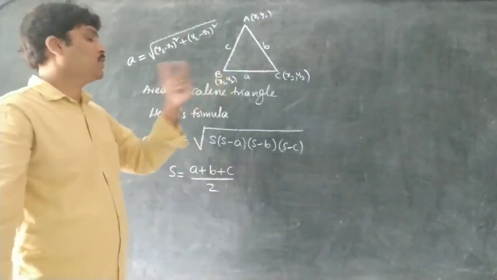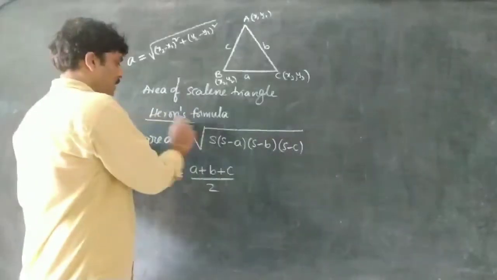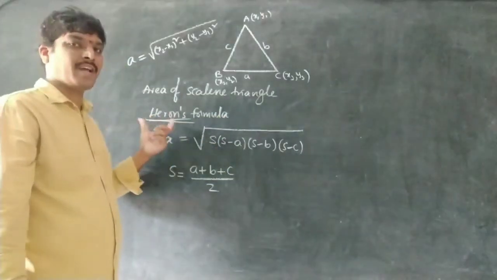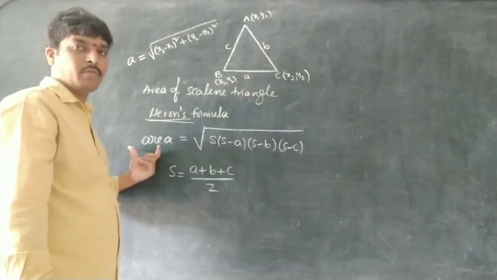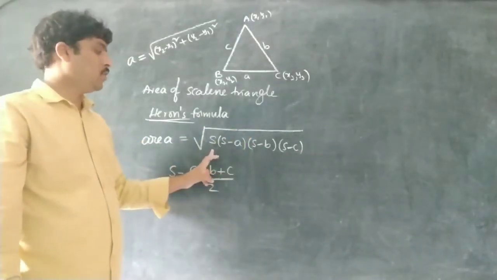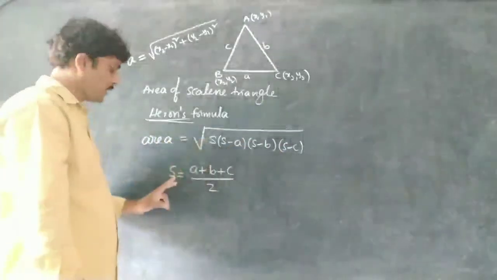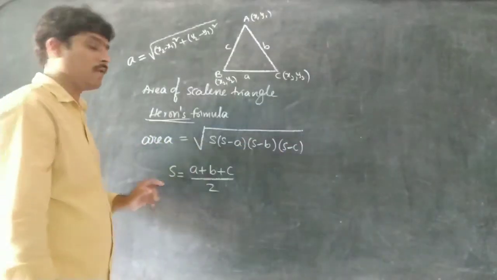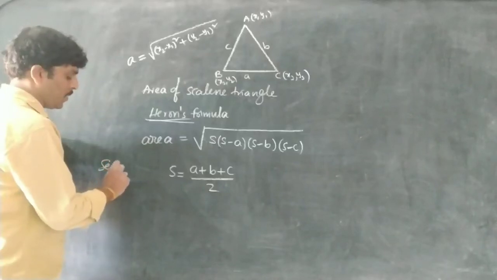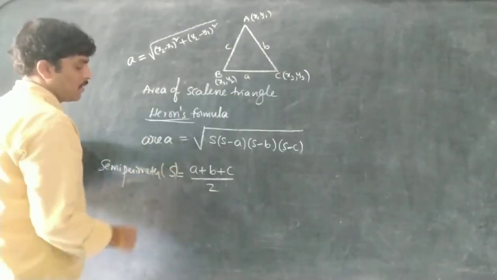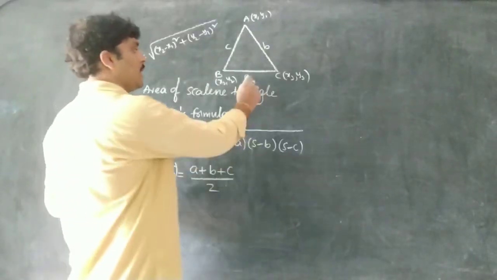Okay, area of scalene triangle. Heron's formula. It is called Heron's formula, the area of triangle formula. Root S into S minus a into S minus b into S minus c, where S is equal to semi-perimeter. Perimeter is a plus b plus c.